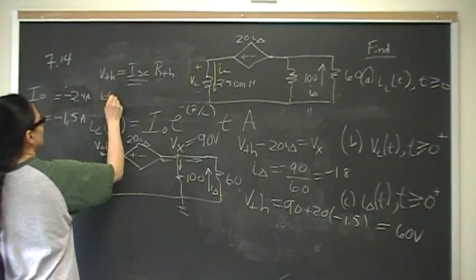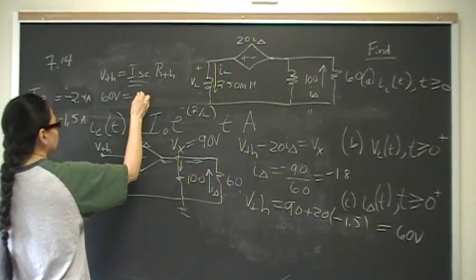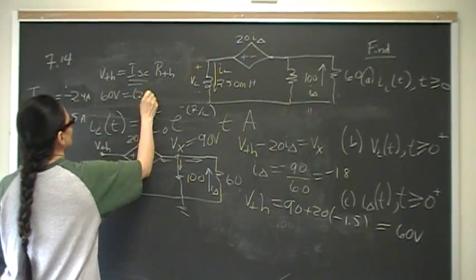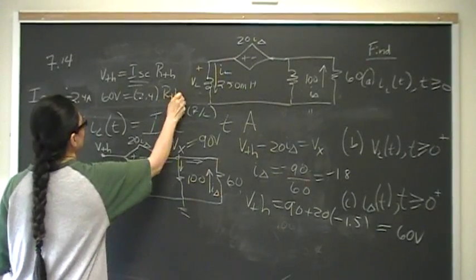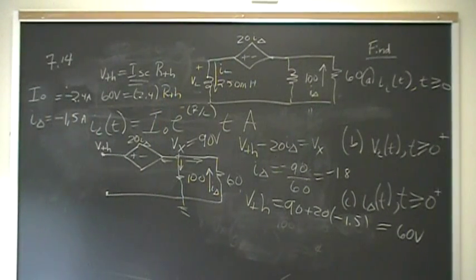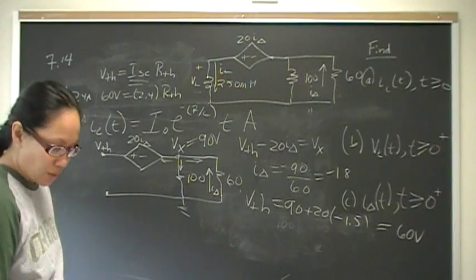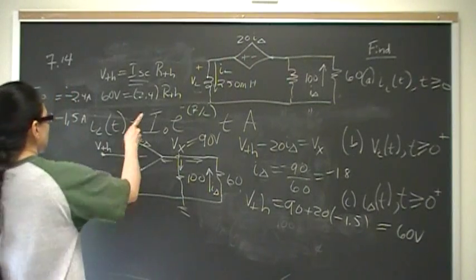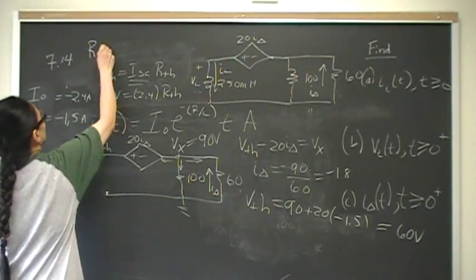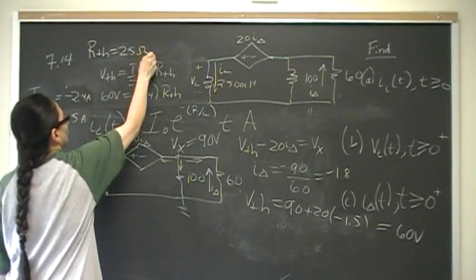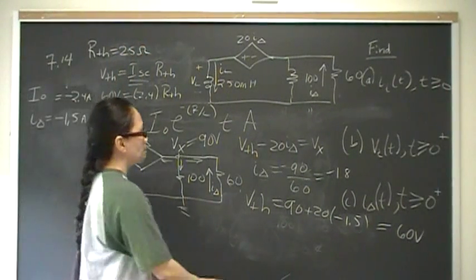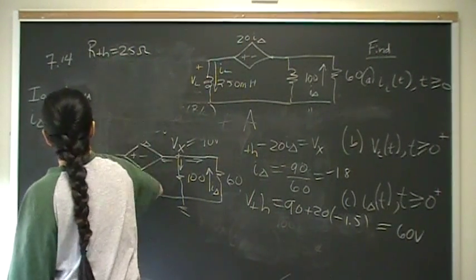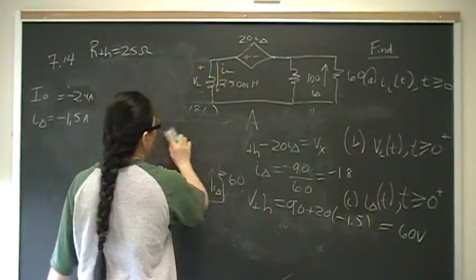So 60 volts is equal to I short circuit, which is 2.4, times R Thevenin. So R Thevenin is 60 volts divided by 2.4, which is 25 ohms. So that is the resistance seen by the inductor. It sees 25 ohms out of all of that.